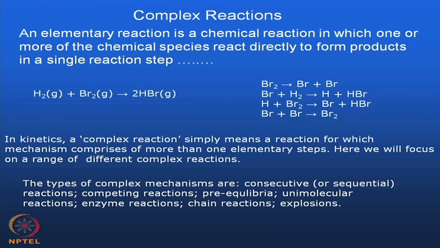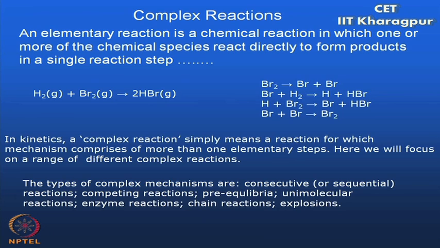Then, as I gave you some idea in earlier classes, an enzyme reaction is also not a simple reaction, it is also a complex reaction. Then chain reactions, which means radical reactions or polymerization reactions. These are chain reactions, which are also complex reactions.